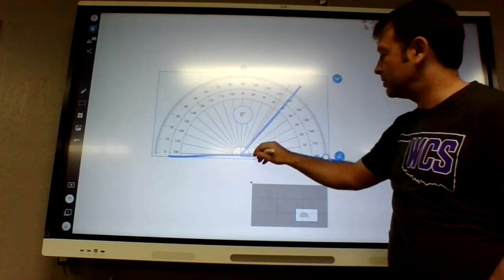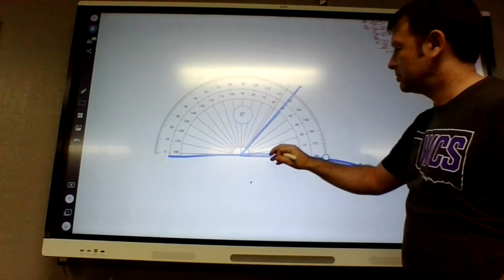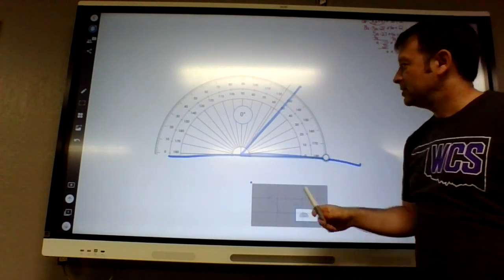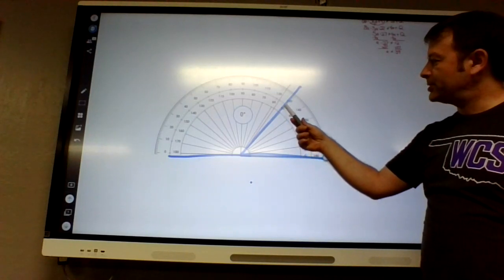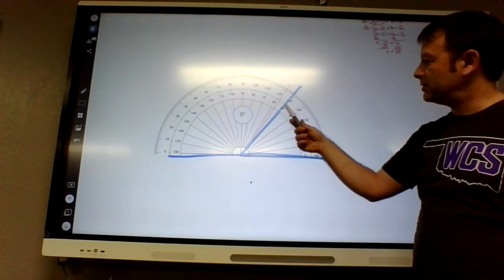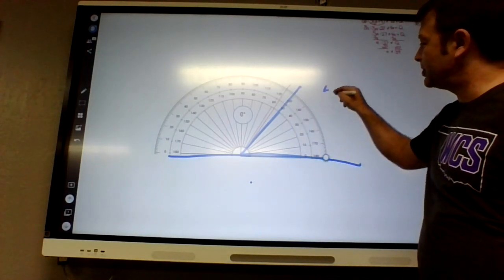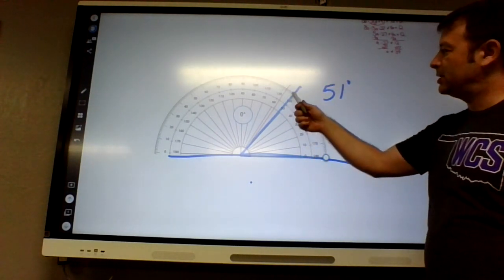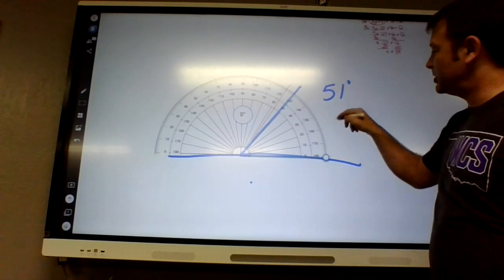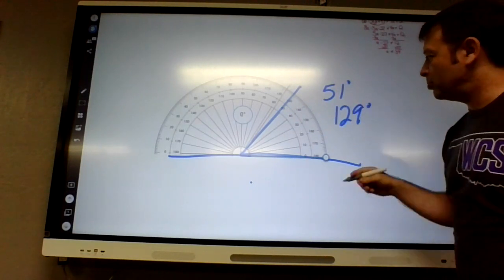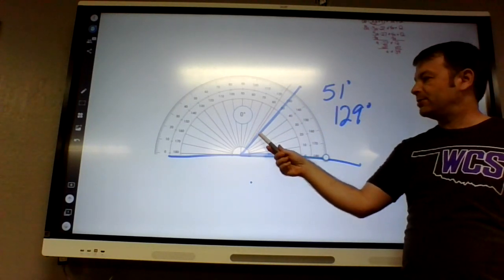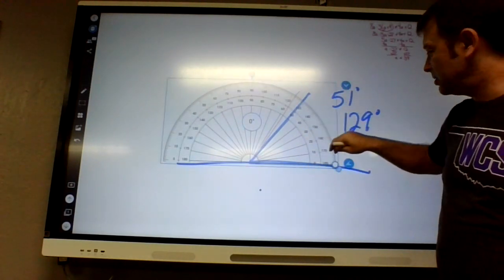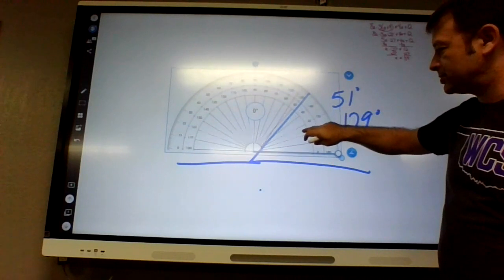If I look at my picture, it looks like it's between 50 and 60, so maybe it's 51 degrees, or it's between 120 and 130, so maybe it's 129. So how do I know which one is right?